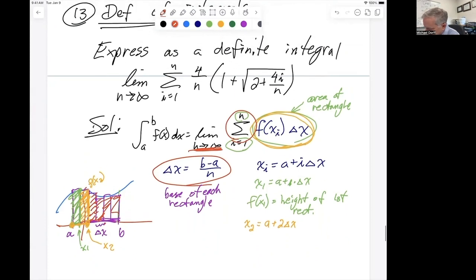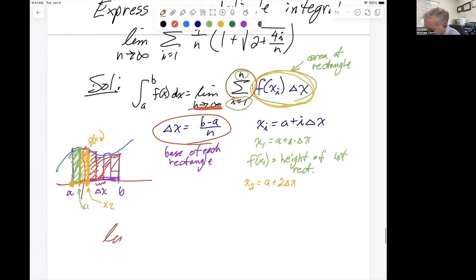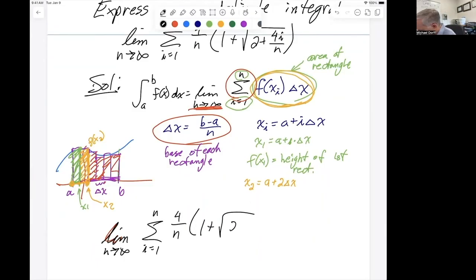And again, let's see, we've got this function here. Let me do this in black. The limit as n goes to infinity of the sum i equals 1 to n of 4 over n times 1 plus the square root of 2 plus 4i over n.